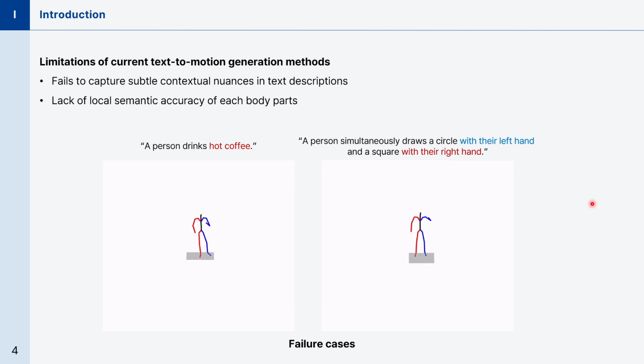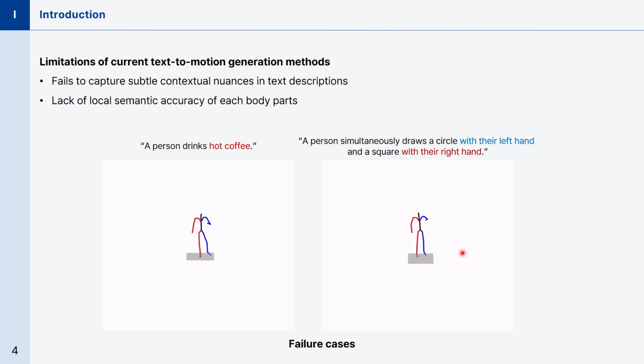Previous text-to-motion generation methods face two key challenges. First, they struggle to capture subtle contextual nuances in text descriptions. For example, in "a person drinks hot coffee," current models fail to reflect cautious movements required for handling something hot. Second, they lack local semantic accuracy for body parts.